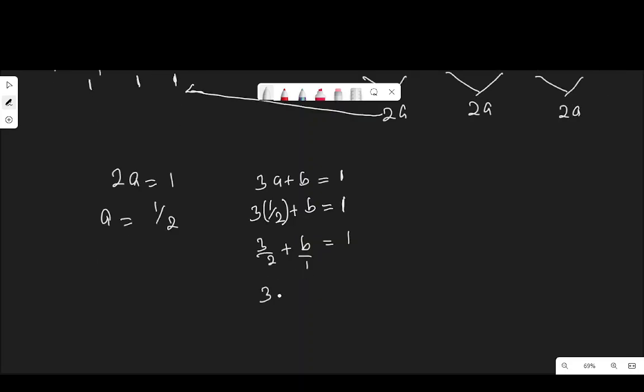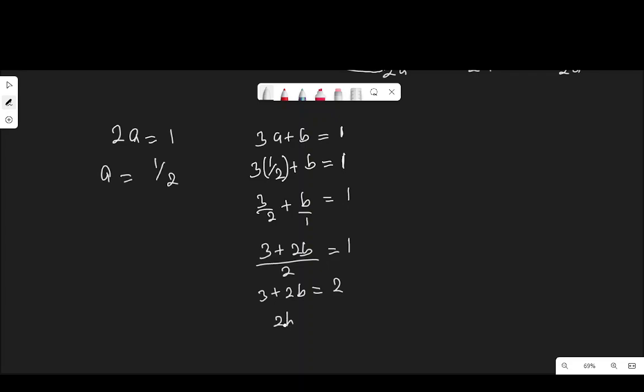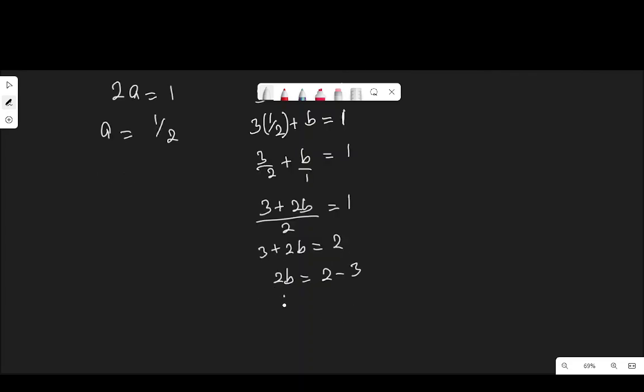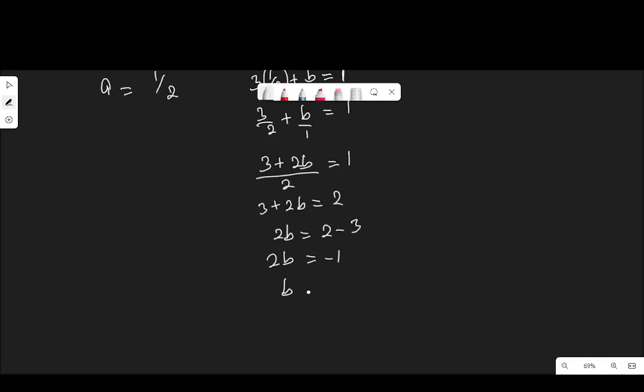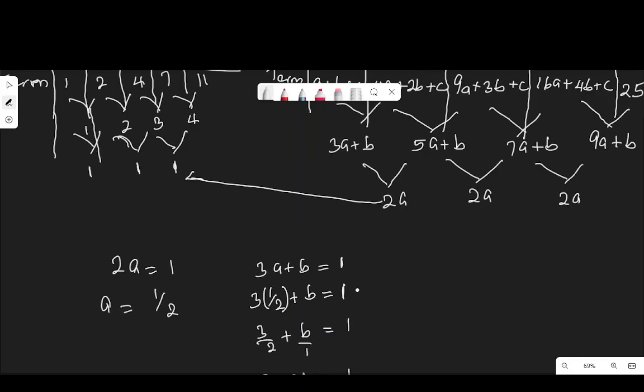So I'll have 3 plus 2b over 2 equal to 1, which implies 3 plus 2b is equal to 2, and then 2b therefore is equal to 2 minus 3, so 2b is equal to minus 1. b therefore is minus 1 over 2. Okay, now we know the value of a and b.